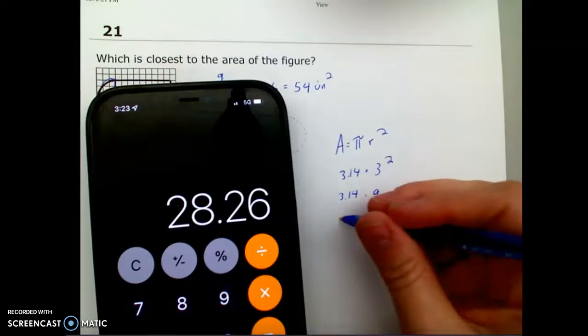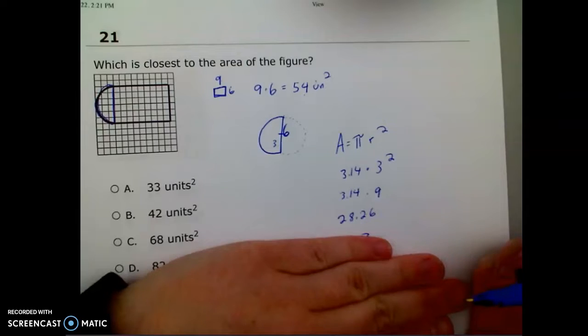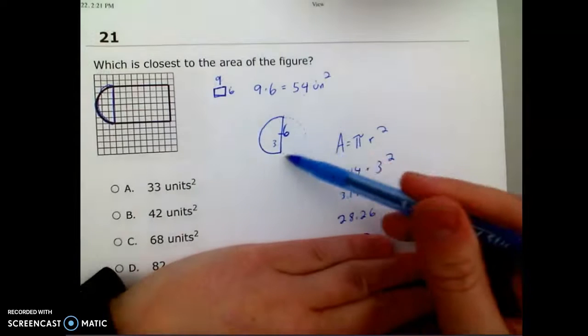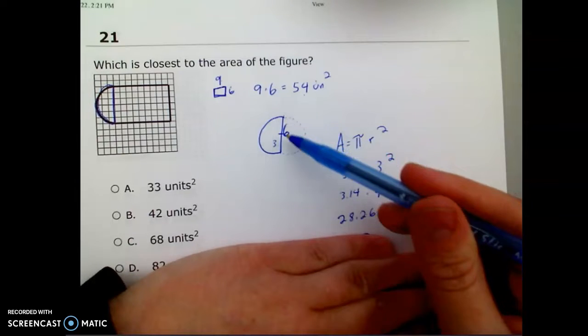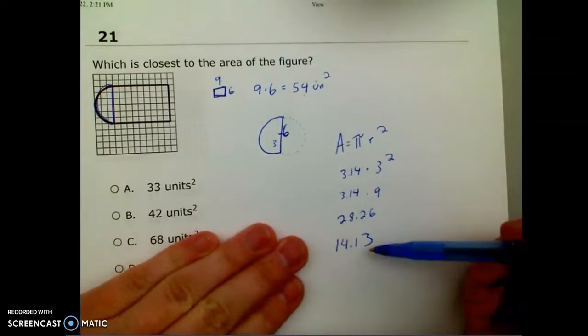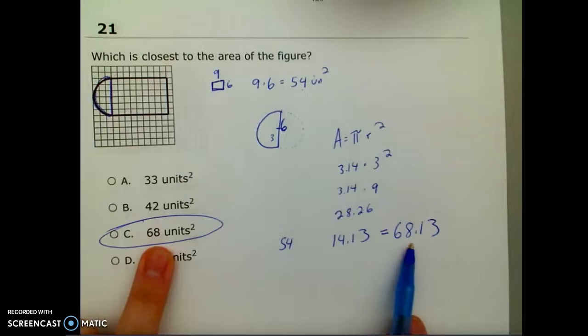And I get 28.26. But I need to remember that this area was for the whole circle, and I only want half of it. So I cut it in half and got 14.13. Now I need to add that to the 54, get this, 68.13, which is C.